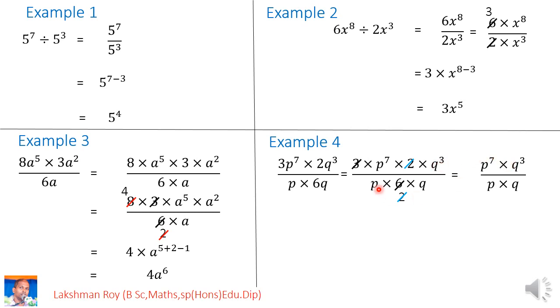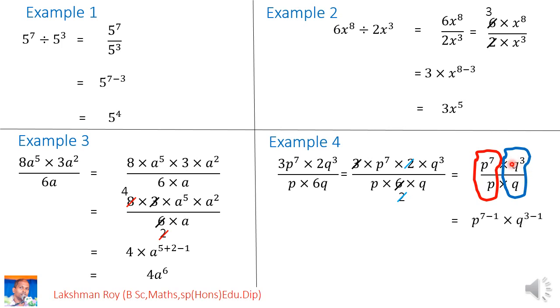Now this one can divide, which means simplify the indices: p to the power 7 subtract p to the power 1, that is division. So these two can simplify, and also these two can simplify. Those are the same base parts.